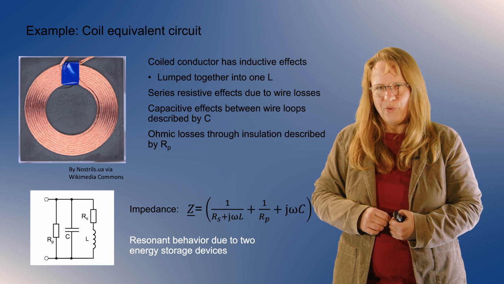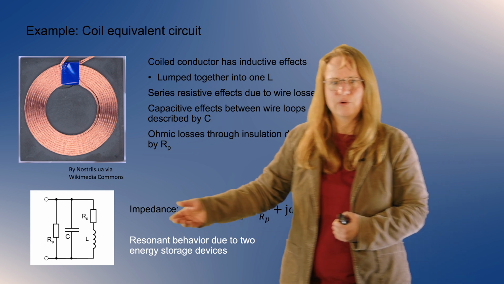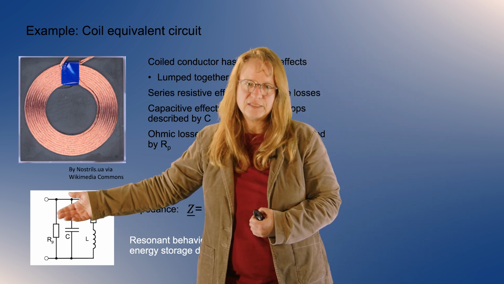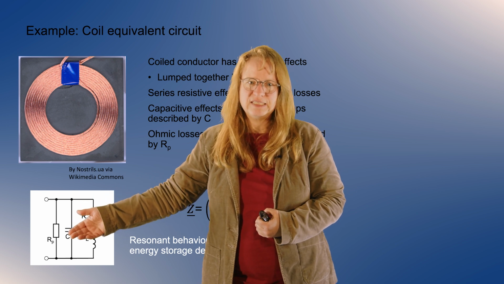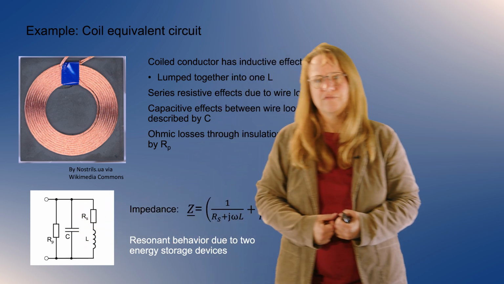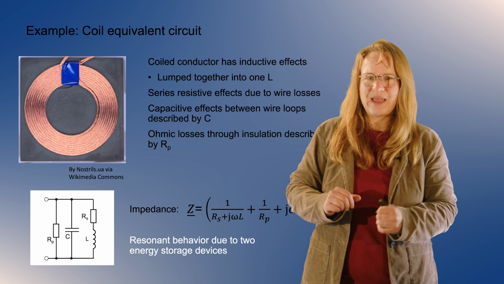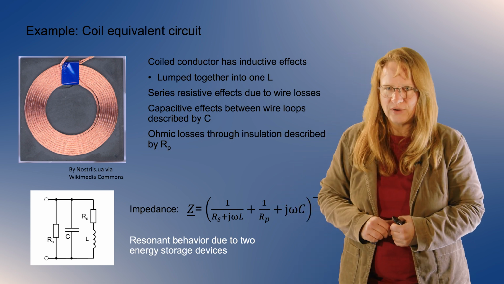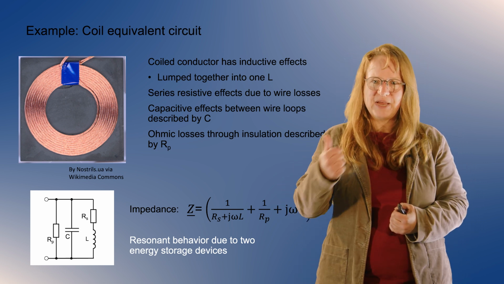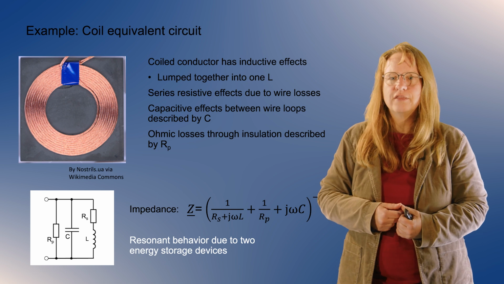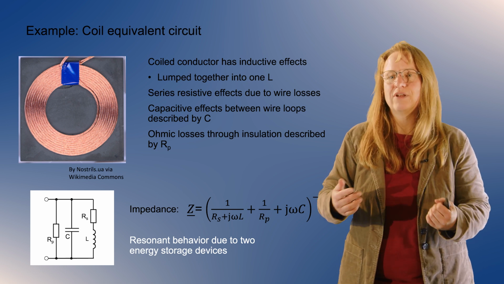One more important point on this: if you look at this equivalent circuit, you can see that you have a capacitor and you have an inductor. And thinking back to some basic electrical engineering, if you have a circuit with a capacitor and an inductor, this circuit can have a resonance.